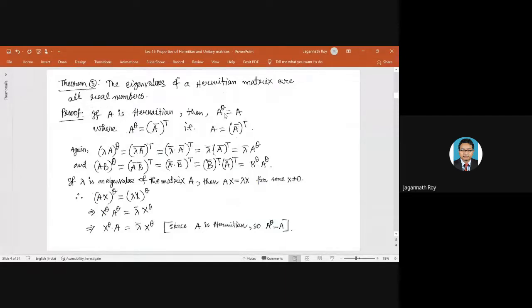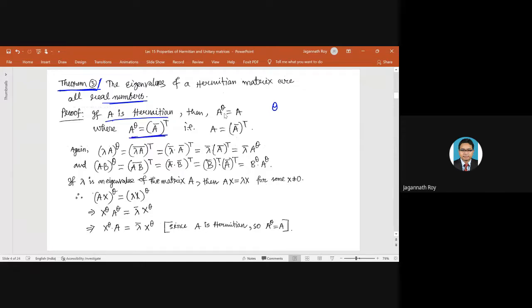There is nothing much to prove, but a simple proof is there. The eigenvalues of a Hermitian matrix are all real numbers. For a Hermitian matrix, we know that A theta equals A. What is A theta? A theta is the conjugate transpose.